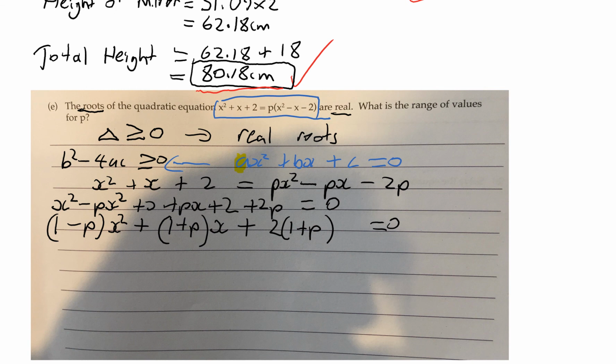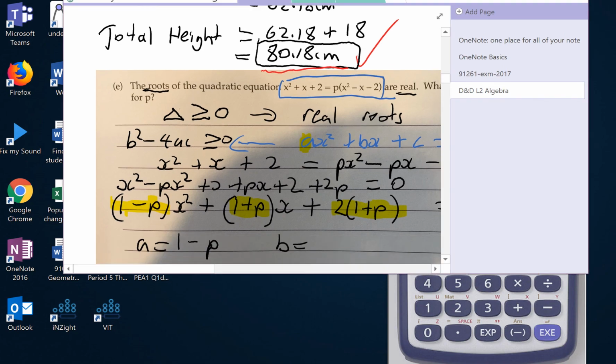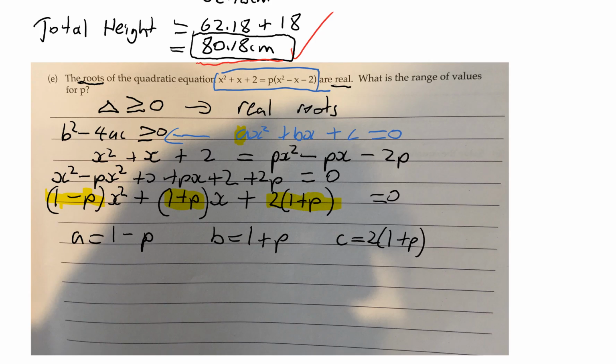So now I've got my a and my b and my c. So we've got ax squared plus bx plus c equals 0. So let's write out what a, b, and c are. So a equals 1 minus p. b equals 1 plus p, and c equals 2 lots of 1 plus p.